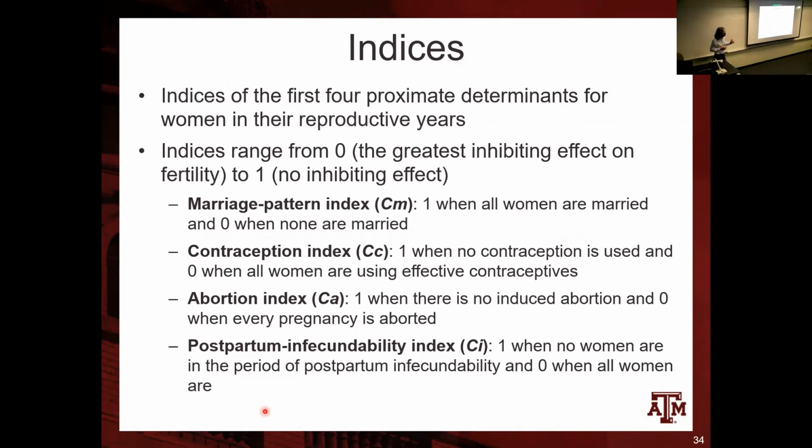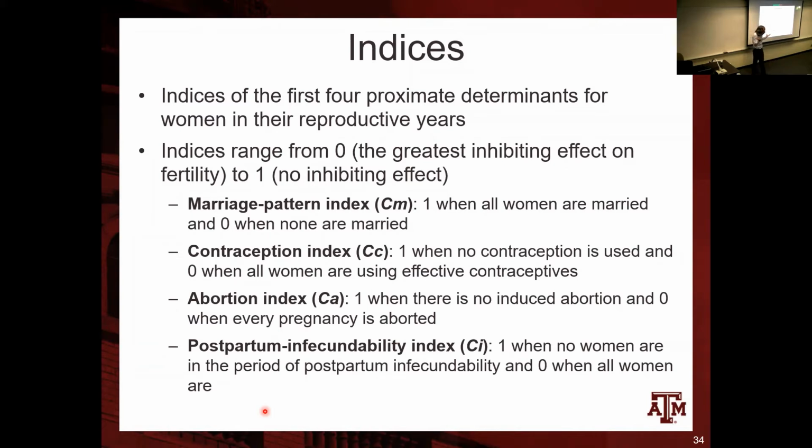The contraception index is 1 when no contraception is used, so no inhibiting effect, fertility goes up. 0, when all women are using effective contraception, the greatest inhibiting effect on fertility, fertility goes down. Abortion index, 1. These 1 and 0 are really theoretical, right?